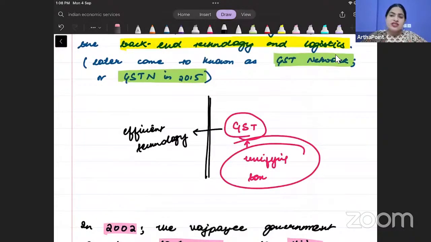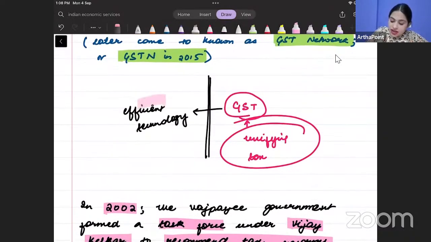Right? What is the aim of this technology? The aim of this technology is to ensure multiple things. इसके बारे में भी अब हम थोड़ी देर में बात करेंगे. GSTN बोलते हैं इसे, Goods and Service Tax Network.